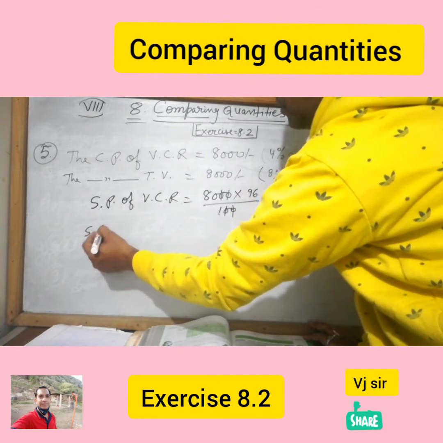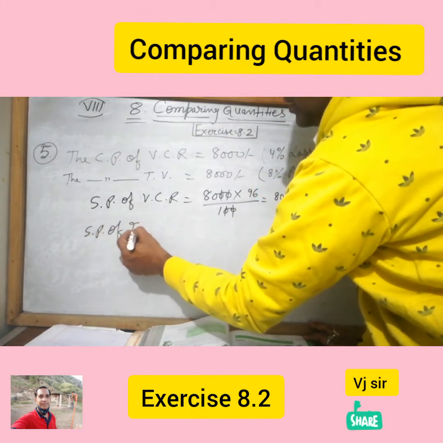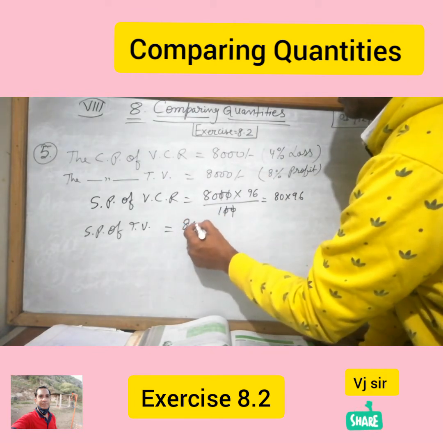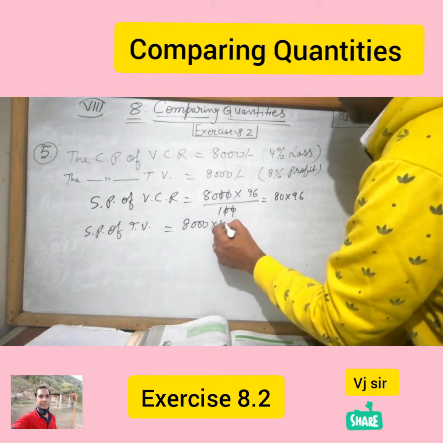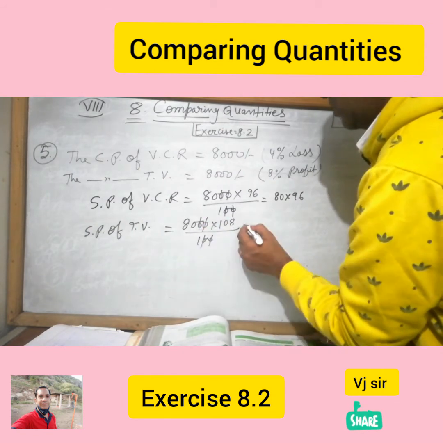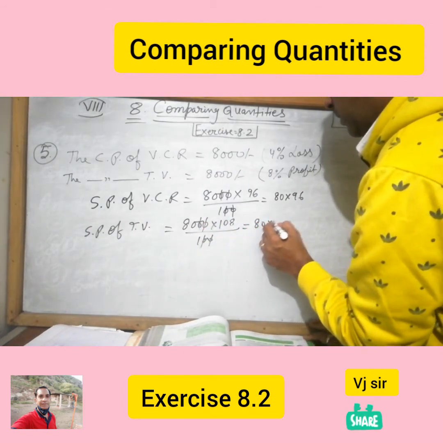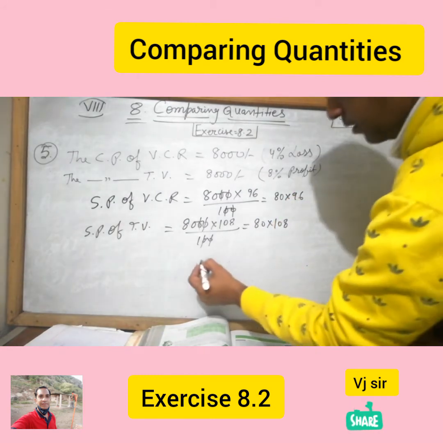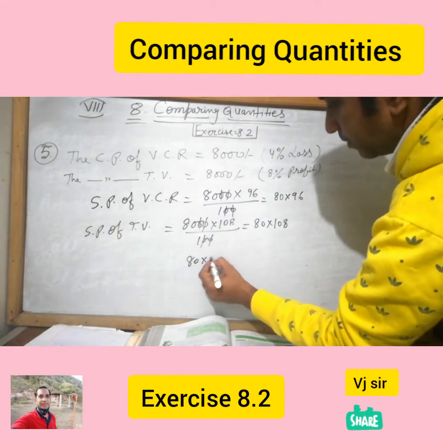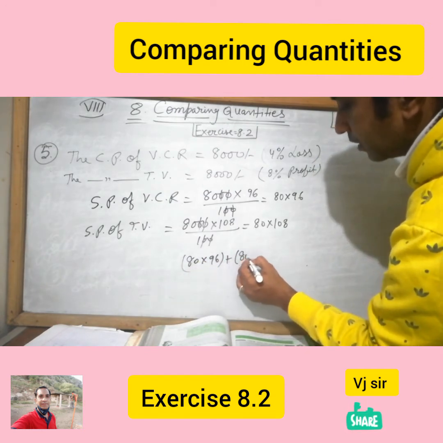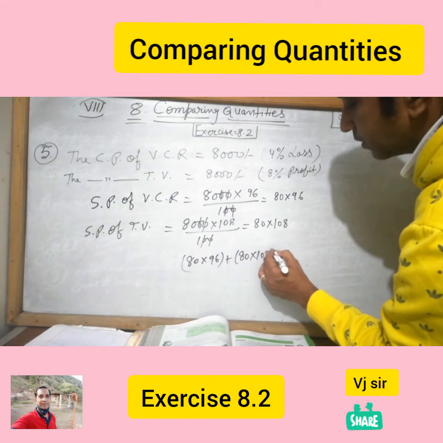The selling price of the TV, that is 8% profit: 8,000 into 108 upon 100. So 0 is cancelled by 0. So 80 multiplied by 108. Now we will add 80 multiplied by 96 plus 80 multiplied by 108.